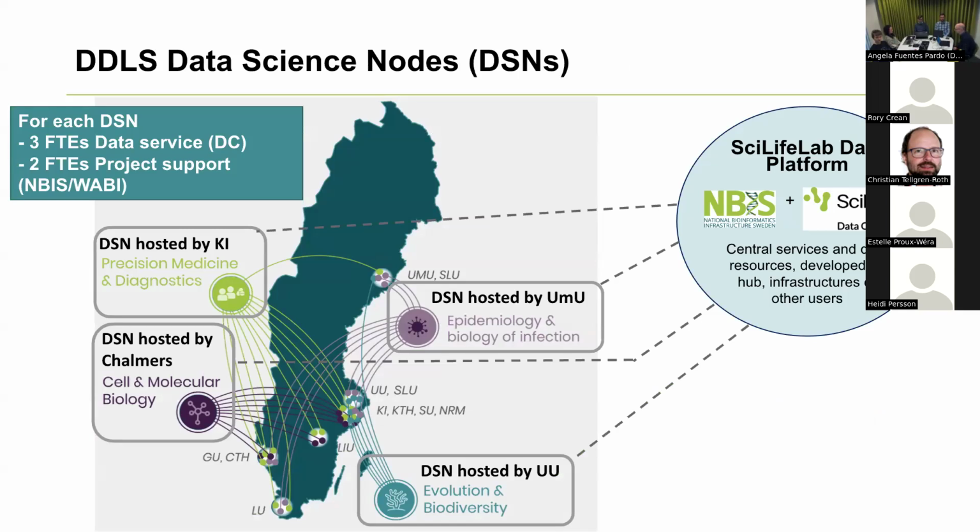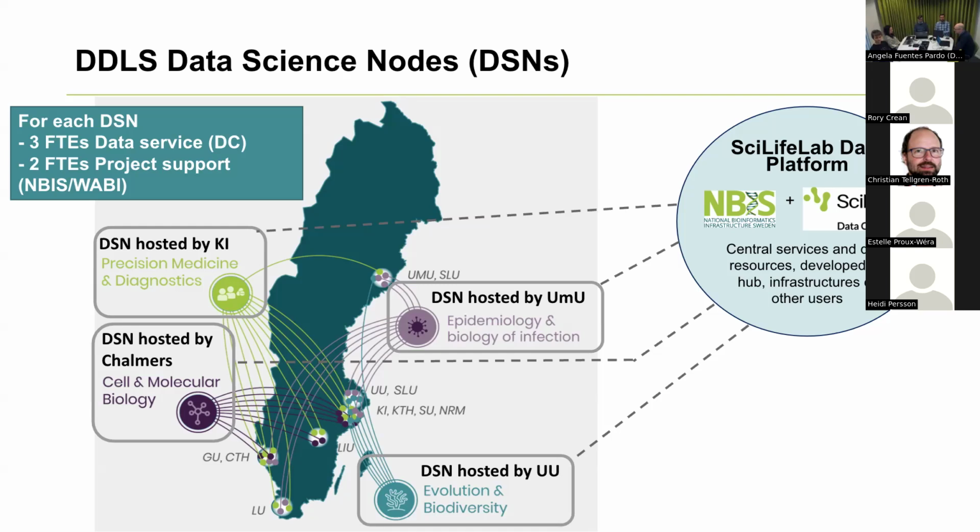There are 4 research areas in DDLS, and each of these has now a data science node. And the service we are presenting today is being developed by the Data Science Node in Evolution and Biodiversity, which is hosted by Uppsala University, but we also have staff at the Museum of Natural History in Stockholm. Then we have the other data science nodes: precision medicine at KI, epidemiology and biology of infection at Umeå University, and cell and molecular biology at Chalmers.